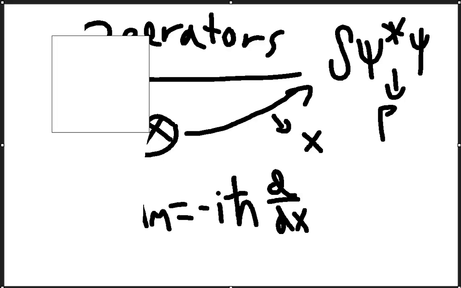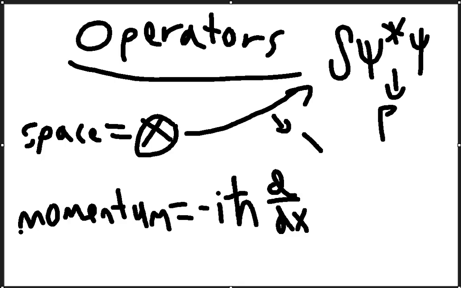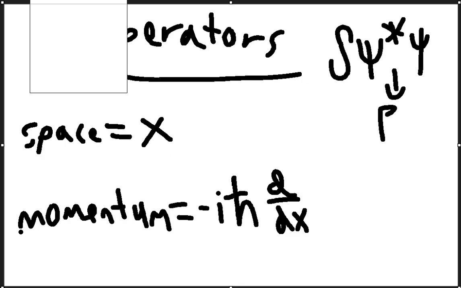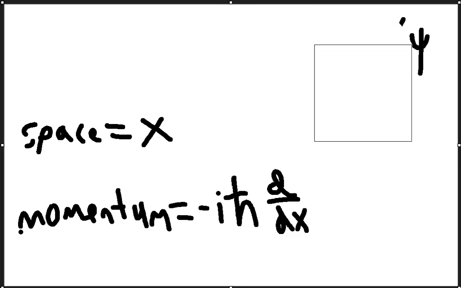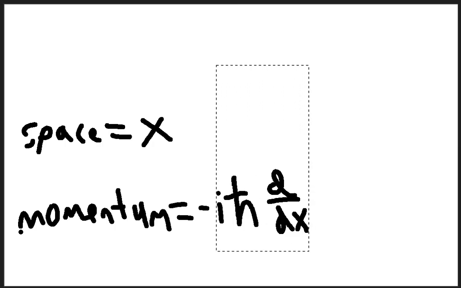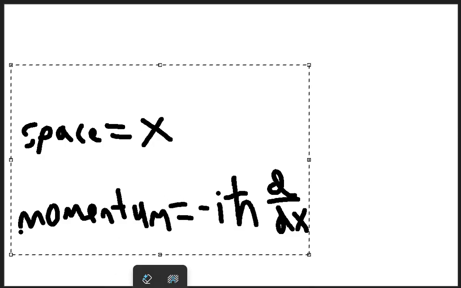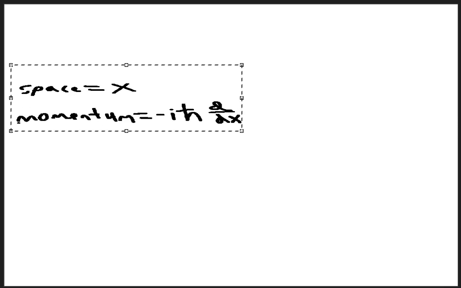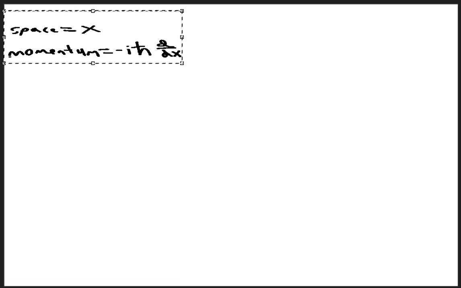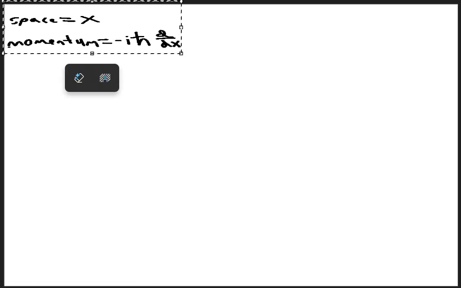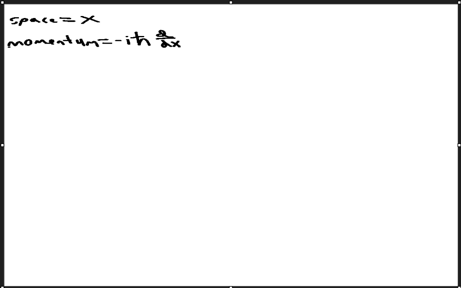Now I will show you how to use this. It might be a good idea to not erase this, so let me just move this over real quick. I'm going to stick it up here. So, it's a very simple fix.